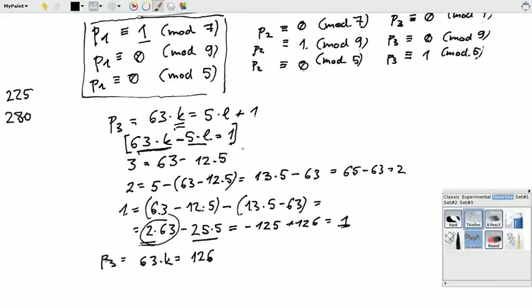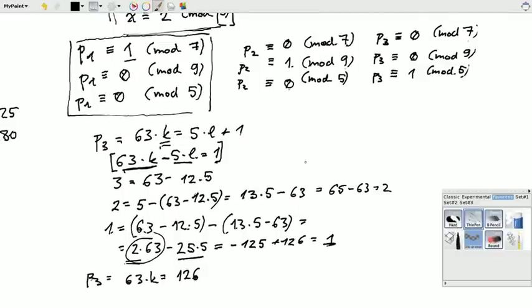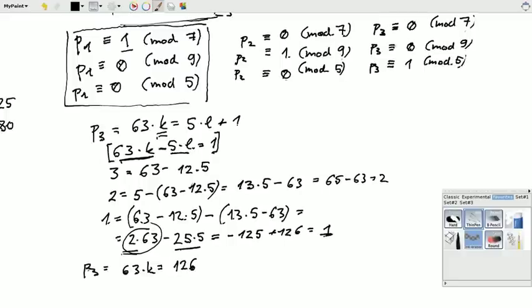Now we might want to double check that we did all our calculations okay, and I'm going to once again check that P3 is congruent with 0 modulo 7, with 0 modulo 9, and with 1 modulo 5. Well, the last one is pretty easy to see, because 126 is equal to 125 plus 1.